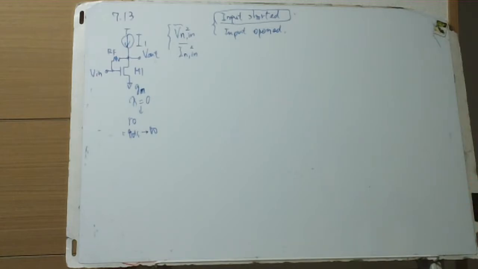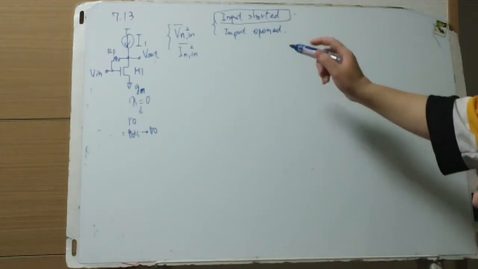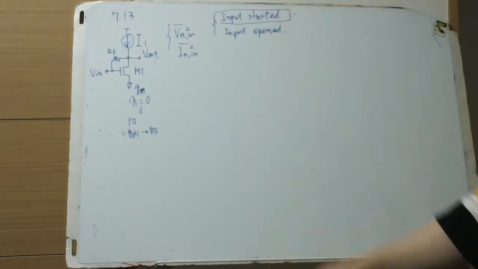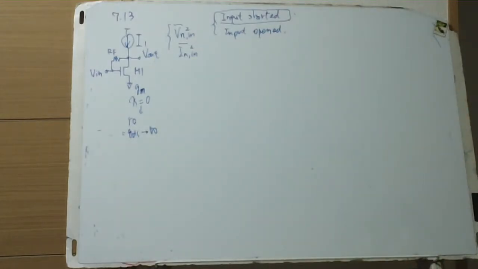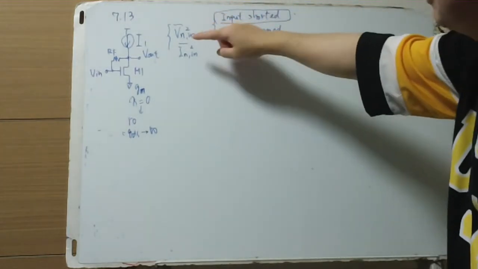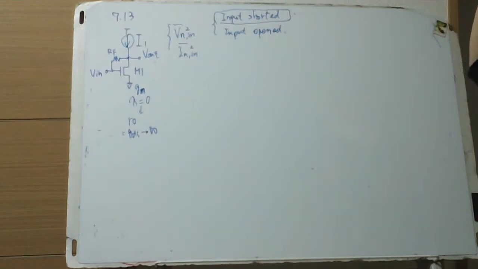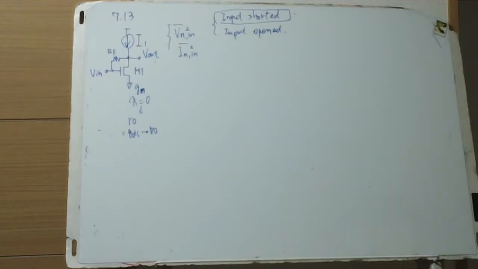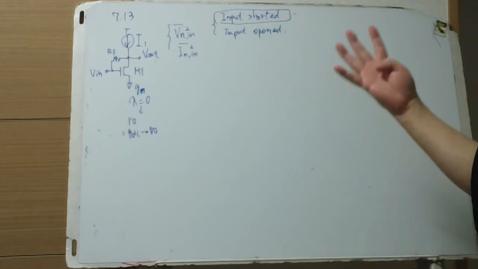What's the voltage gain? So, just a minute. At first we need to collect the information for solving this problem, for getting V n squared bar and I n squared bar. Those are the information needed for the four-step procedure written in this textbook.